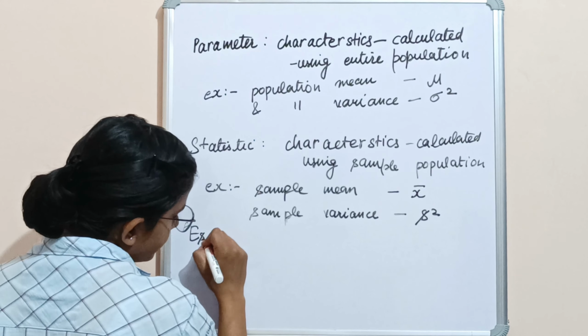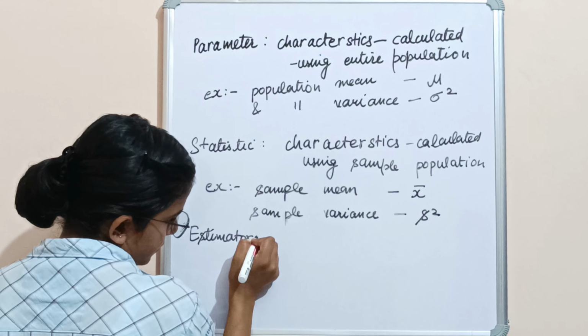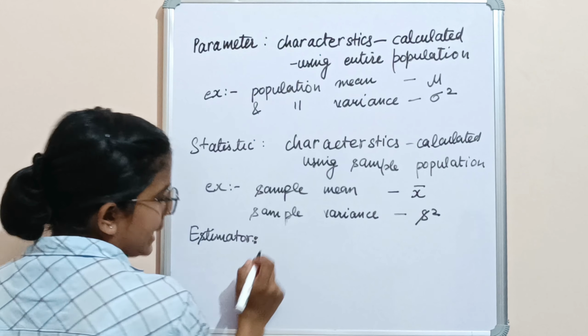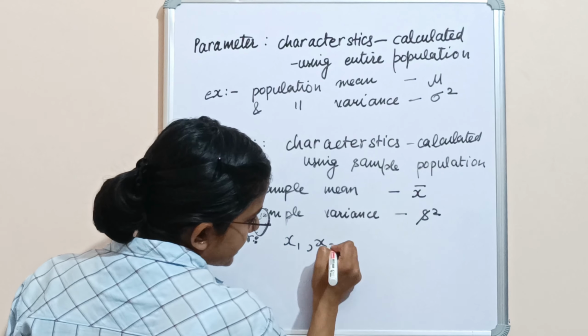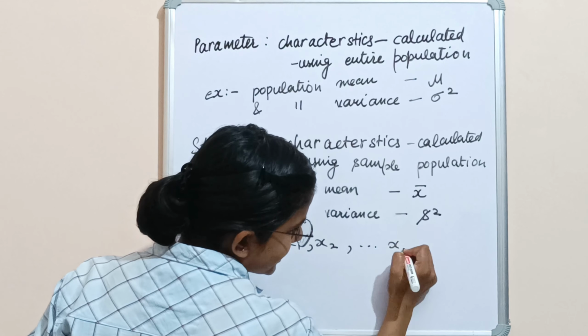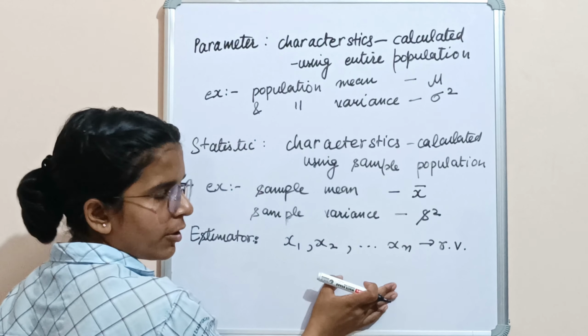Now, our next term is estimator. Let's say I have a sample x1, x2 till xn. These are random variables and I have a sample of these.